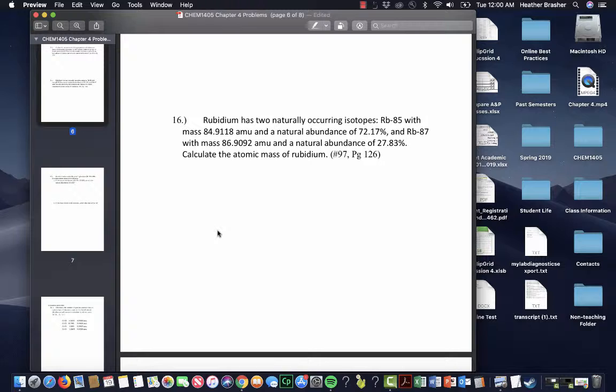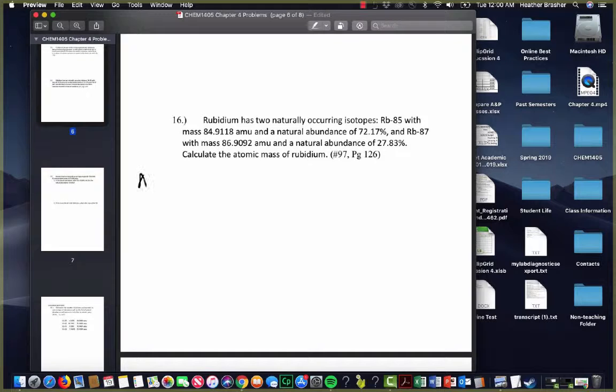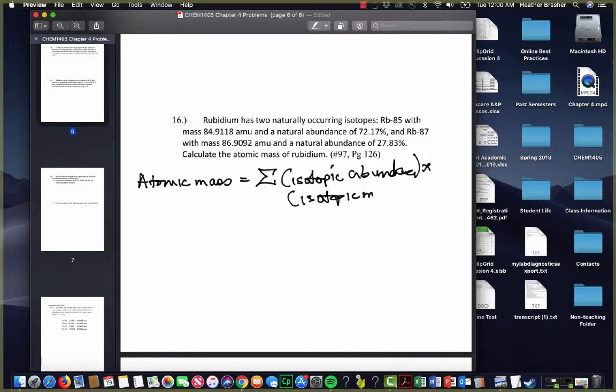So basically what I mean by that is the atomic mass is going to be equal to the summation of the isotopic abundance times the isotopic mass. So what does that look like? It sounds a lot harder than what it is.